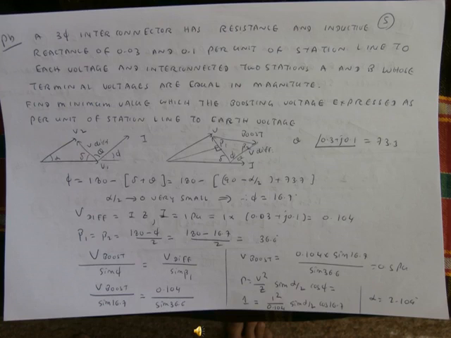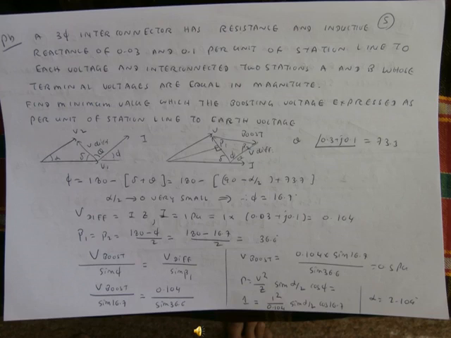So the voltage difference equals I multiplied by Z. I is 1 per unit, multiplied by 0.03 plus j0.1, so you get 0.104. Beta 1 equals beta 2, equal to 180 minus phi divided by 2, that is 180 minus 16.7 divided by 2, so you get 36.6 degrees. Boosting voltage divided by sin phi equals voltage difference divided by sin beta 1.